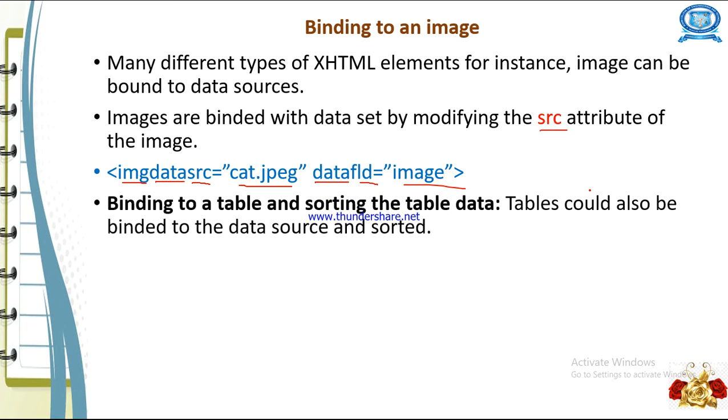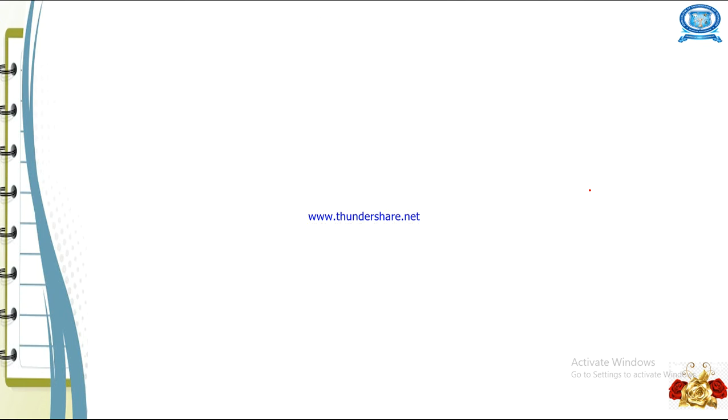Next, binding to a table and starting the data table. In that subtopic, tables can also be bound to the data source. So that is the concept of this program.